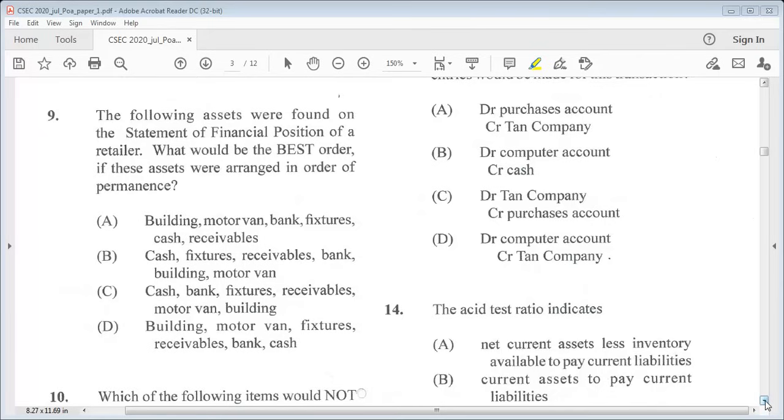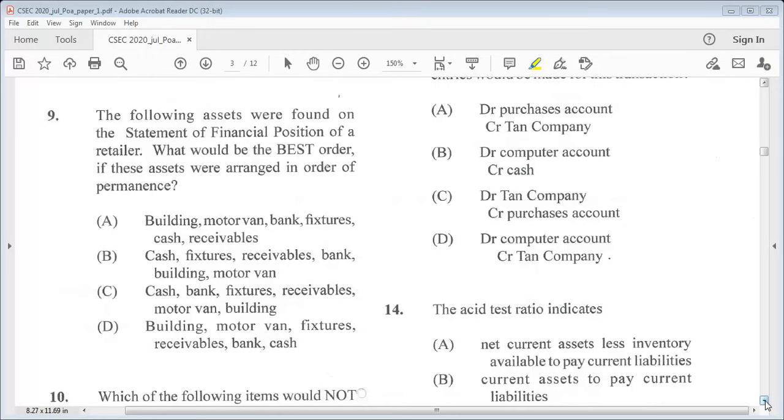So what is really the order of permanence? Well, we know that the order of permanence is actually the arrangement of assets in the order of how long lasting they are to the business. So the items that are used in the business and serve the longest period are listed first in the order of permanence.